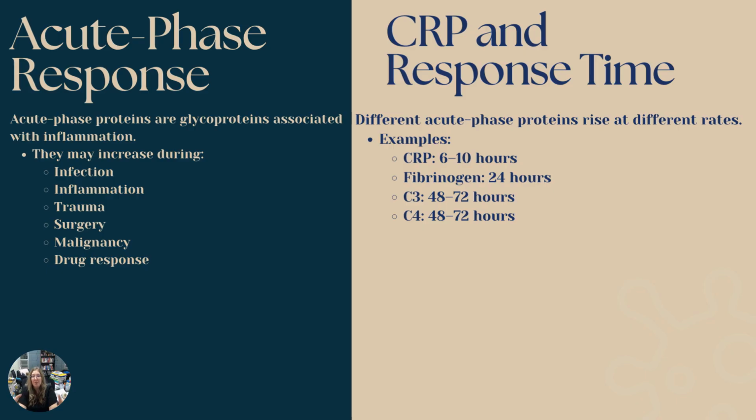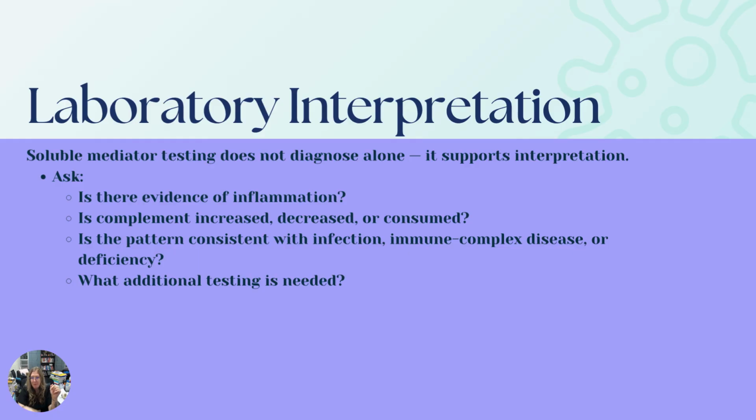So, when interpreting an inflammatory marker, the timing really matters. A laboratory value is just a snapshot of the biological process. If we don't consider where the patient is within that process, then those values can be misinterpreted. So that's another reason why our job is so important.